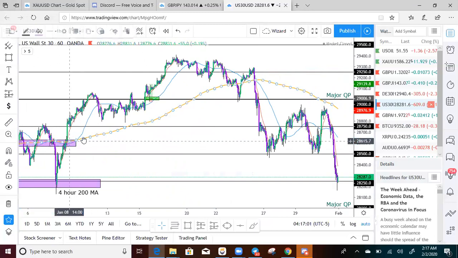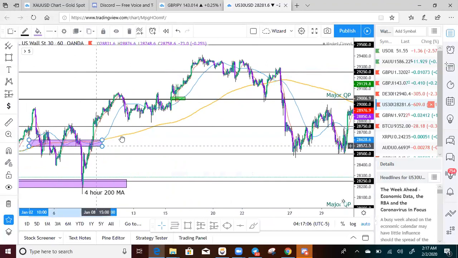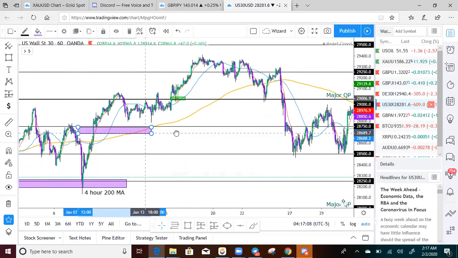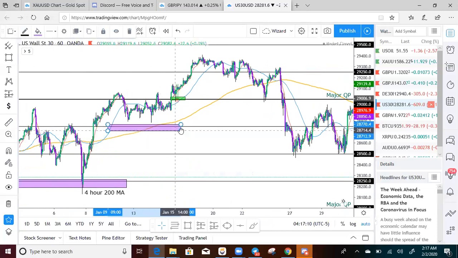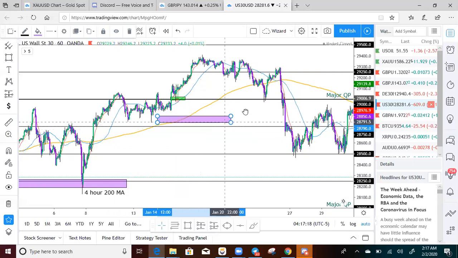And what do we want to do all the way across now? We would be wanting to drag it. And what do we have if we were coming along on that 1 hour time frame? You see price respecting that zone the entire time and pushing all the way to the upside.